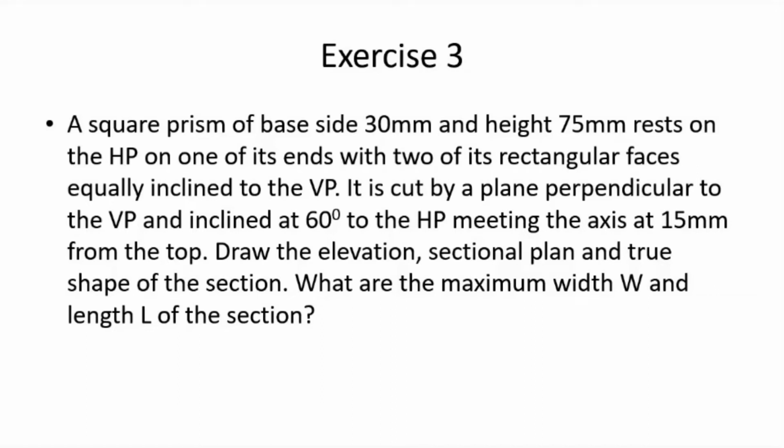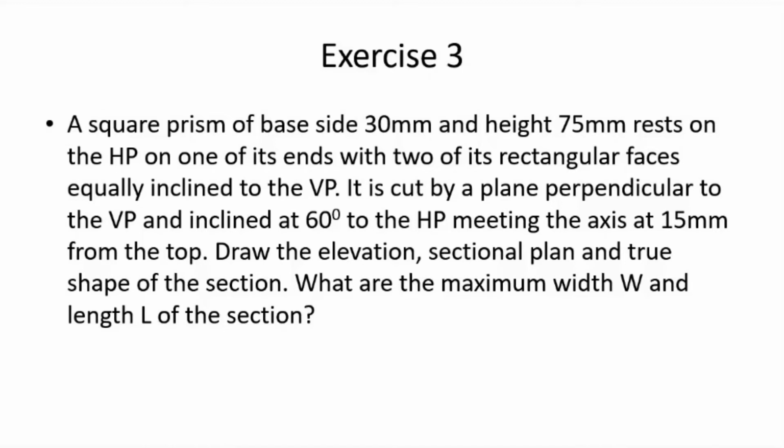So now it is cut by a plane perpendicular to the VP. So obviously the section plane will be seen as a line in the front view and inclined at 60 degree to the HP. In the previous two cases, there was no inclination with the HP or the VP, but it was perpendicular to one of the planes and parallel to the other.